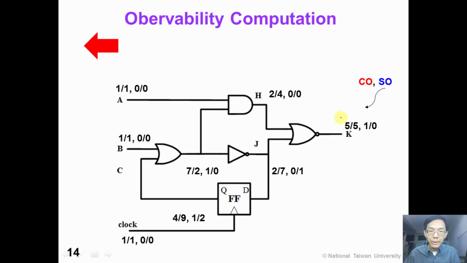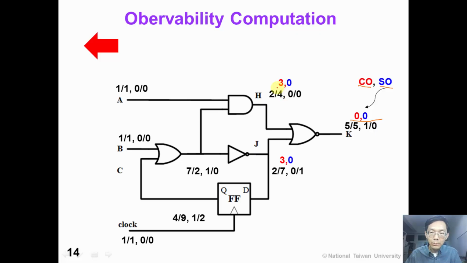Okay, with the numbers of controllability ready, we can now compute the observability. Initially, we assign the observability of the primary output to be zeros, both for CO and SO. We can now move one level to the left.